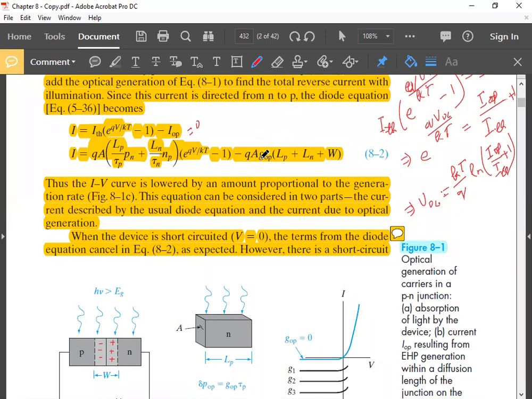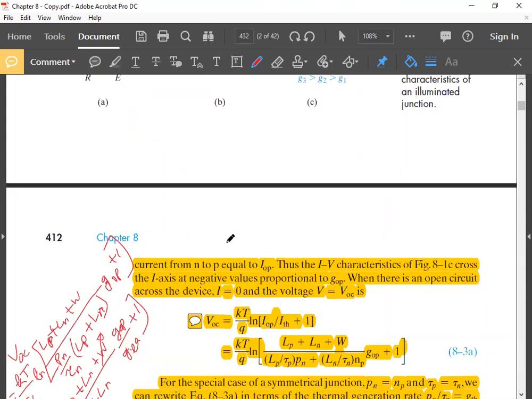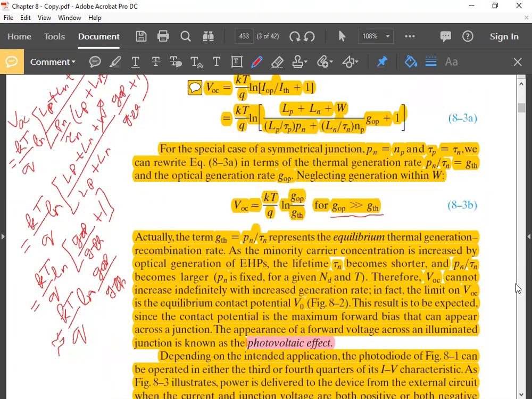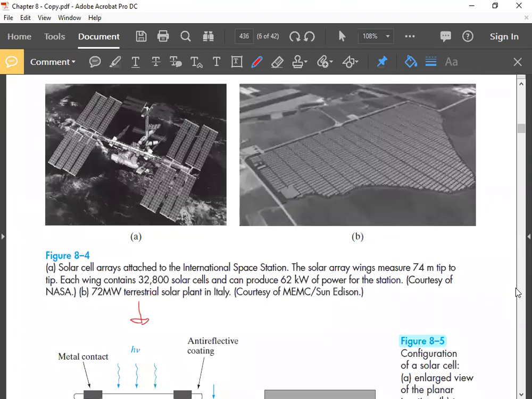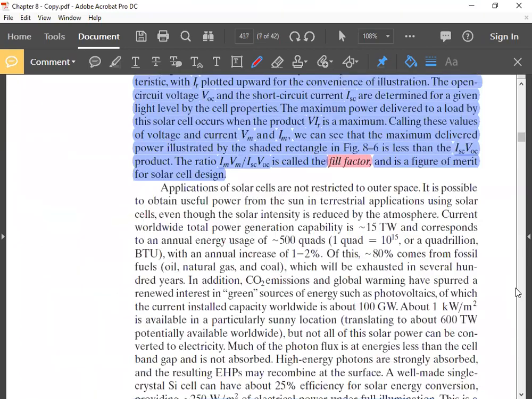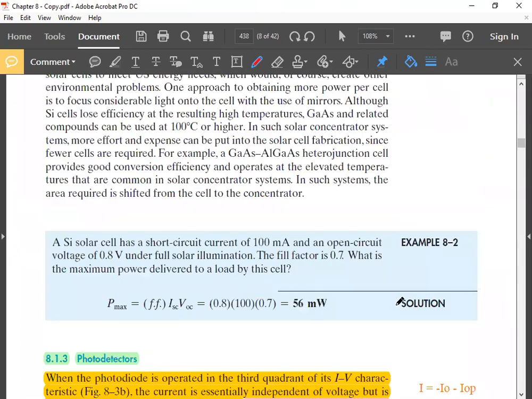So in the third quadrant operation, the current is dependent on the optical generation rate. It does not depend on the voltage. This term vanishes in the third quadrant, reverse bias junction. Photodetectors are those which can detect the presence or variation of light.